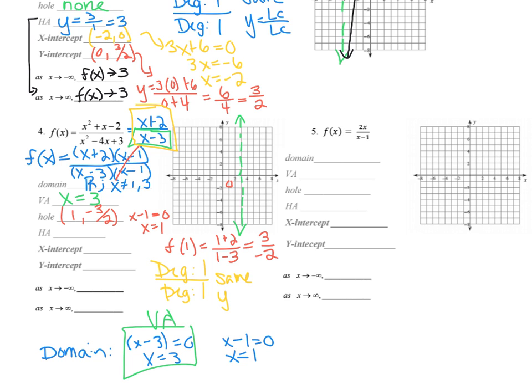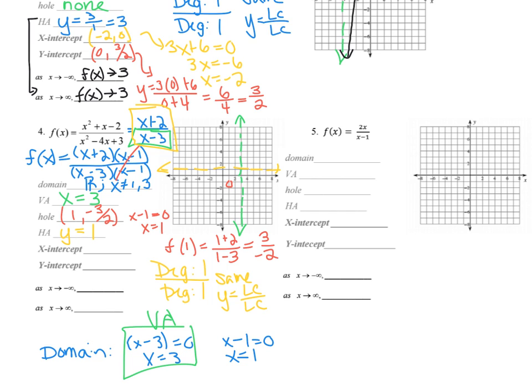So we need our ratio of leading coefficients. In this case, both of those leading coefficients are just 1. So our horizontal asymptote will just be y equals 1. So let's go ahead and put that in. Dotted line straight across where y is 1. So that yellow line is our horizontal asymptote.